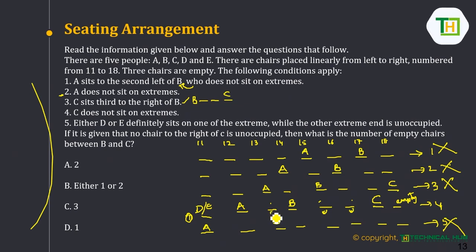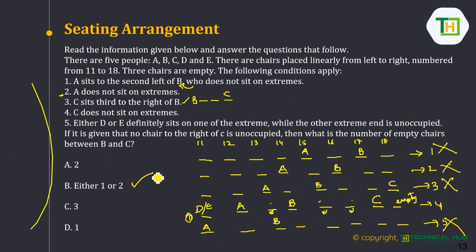Suppose E is between A and B, then the chairs between B and C are empty, 2 chairs. Suppose E is taken between B and C, then only 1 chair is empty. So either 1 or 2 is the right answer, it can be only one or only two, based on the position of E or D.